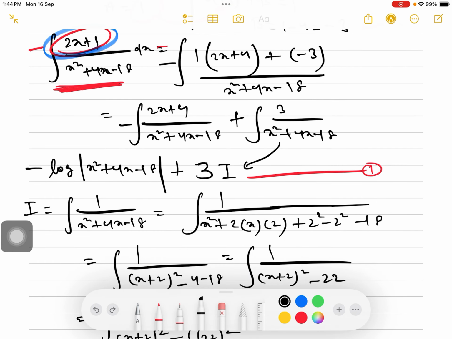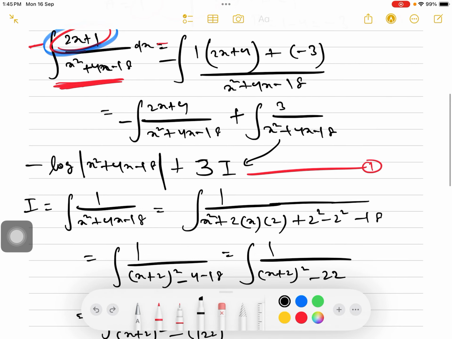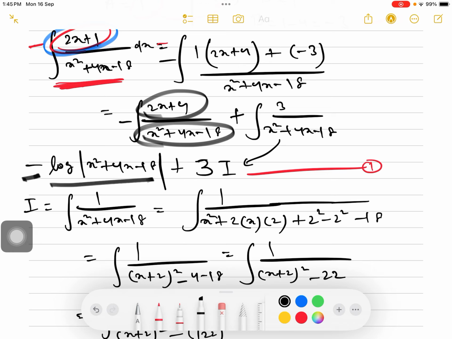Now see, it's a derivative. The denominator's derivative is in the numerator. So whenever the derivative is in the numerator and the function is in the denominator, we can write log of that denominator. So minus is outside only, so log of x square plus 4x minus 18.